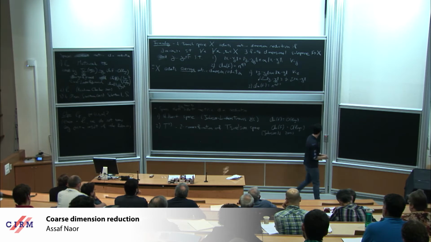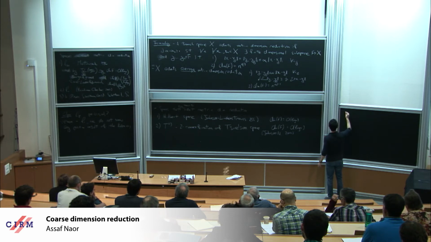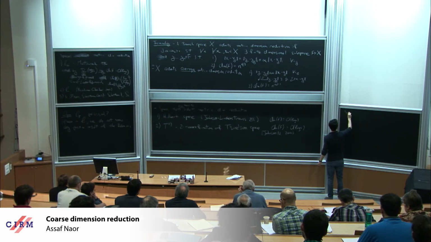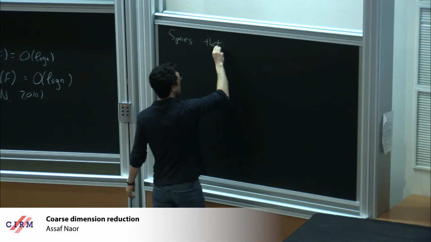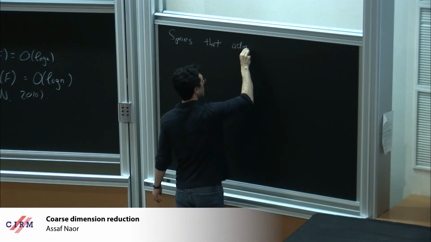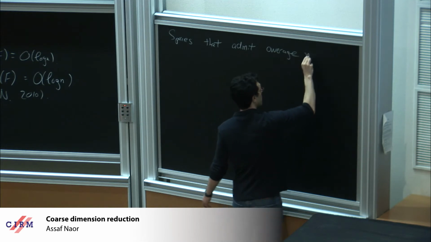Very quickly about average metric dimension reduction: spaces that admit average metric dimension reduction.